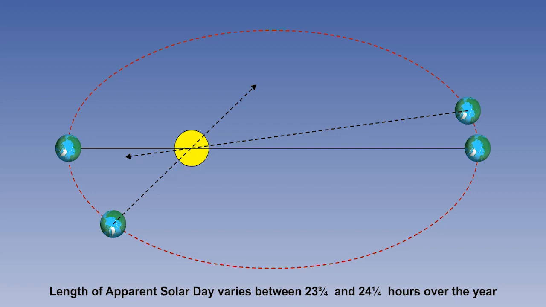Over the year, the time between successive solar transits varies from about 23 3/4 hours to about 24 1/4 hours. This is nothing to do with changes in the hours of daylight and darkness, which is a separate problem. It actually means that the time from midday to midday, or midnight to midnight, changes over the year, if we take the Sun as our datum.